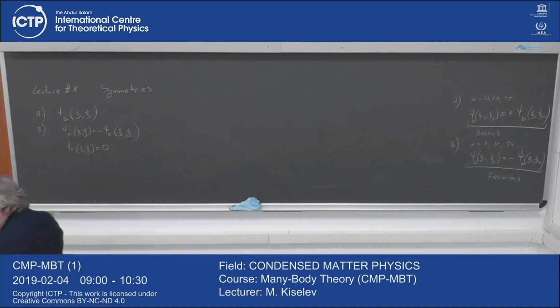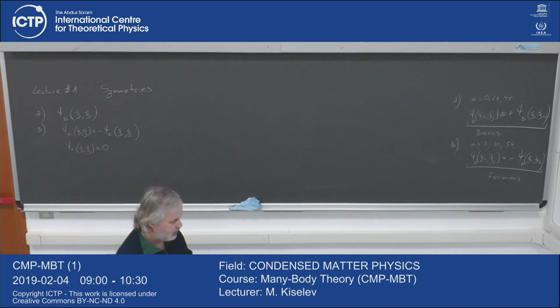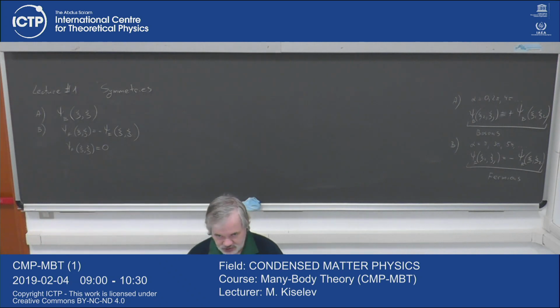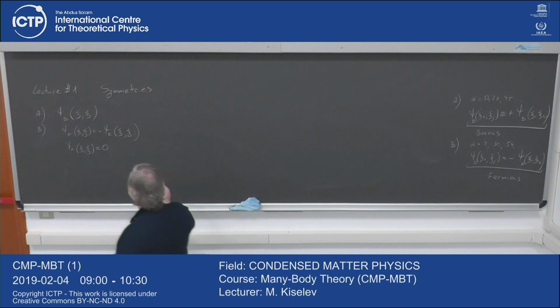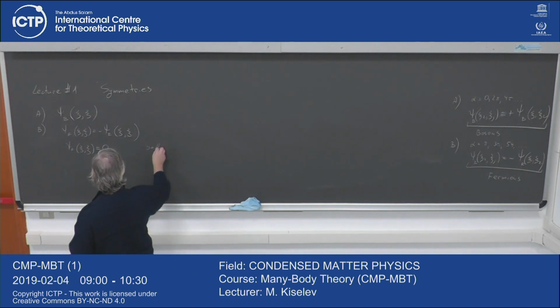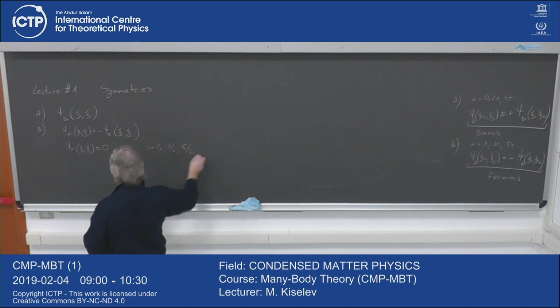In quantum field theory, it's called the Pauli theorem, and it says and proves that systems subject to fermionic description, or Fermi-Dirac statistics, are systems with half-integer spins. So here spin is 1/2 or 3/2 or 5/2 and so on and so forth.